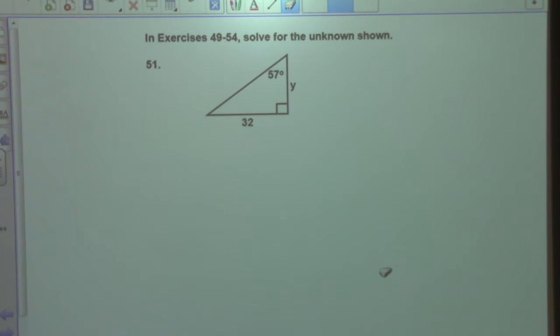All right, Justin. Could you set it up for me, let me get it started? Let's talk about which sides they are. Here's your angle, right? This side over here, Justin, is what? That's your opposite side. And this side over here is the adjacent. So what you're looking for is the ratio that involves adjacent and opposite. Which trigonometric ratio involves adjacent and opposite?